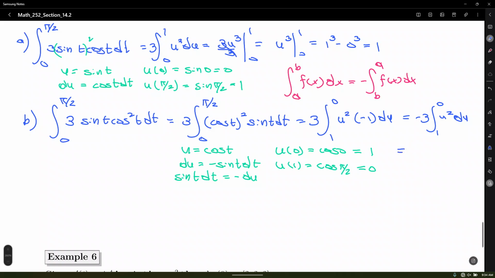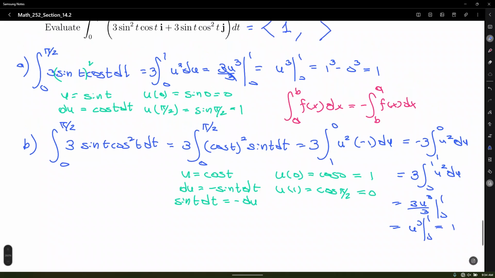Okay? That's 3 times the integral from 0 to 1 of u squared du, which is 3u cubed over 3, not plus c, from 0 to 1. Oh, that's going to give us the same u cubed from 0 to 1, and that's simply 1. In the same way we got it over here.